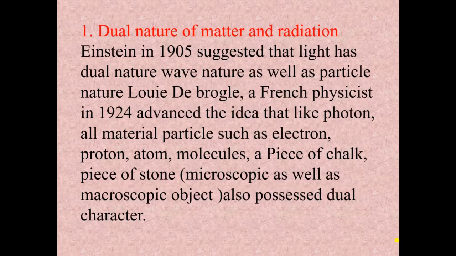That means they also have particle-like nature as well as wave-like nature. So like a piece of chalk, a piece of stone, a microscopic particle, a very small sized particle, or a macroscopic particle, a very large sized particle, they possess dual nature, that means wave-like nature as well as particle-like nature.